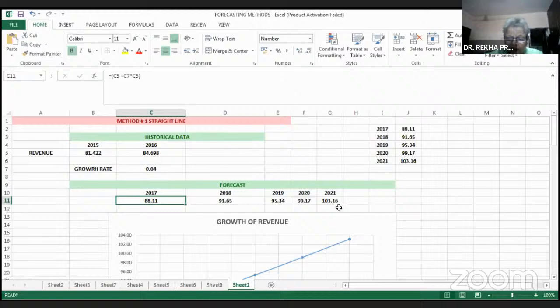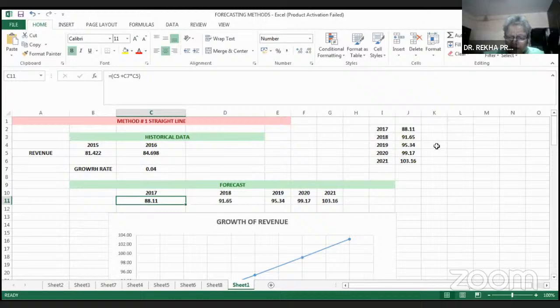So here you get the values. 2017 it is 88.11, 2018 it is 91.65, 2019 it is 95.34, 2020 it is 99.17, 2021 it is 103.16. You can extend this also.